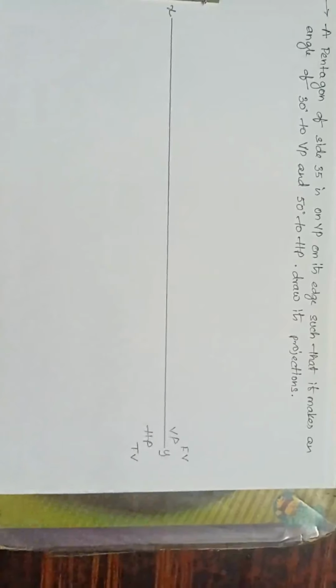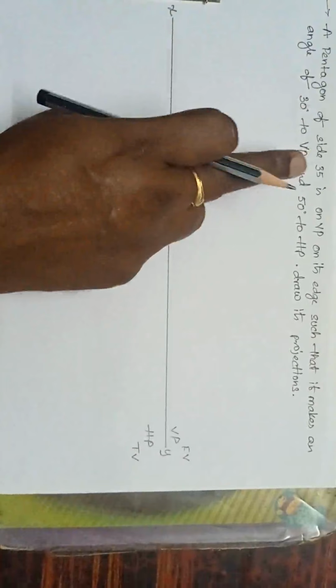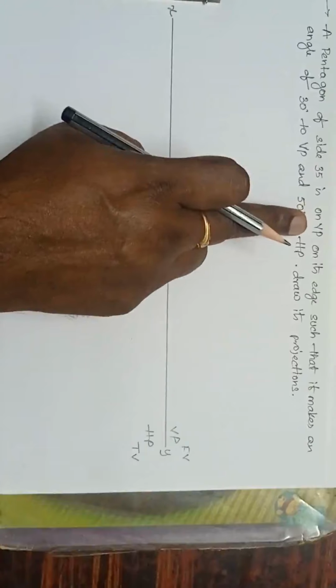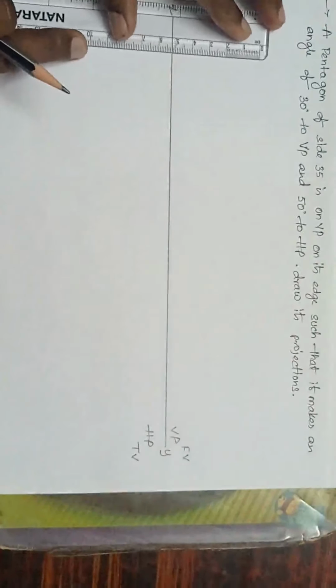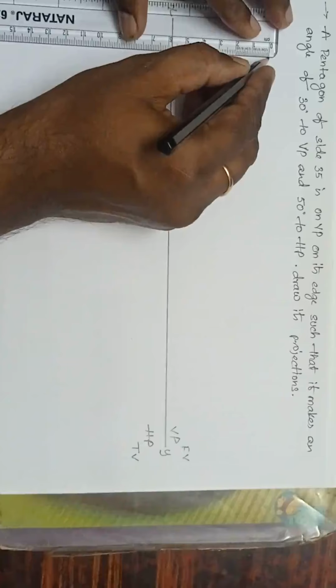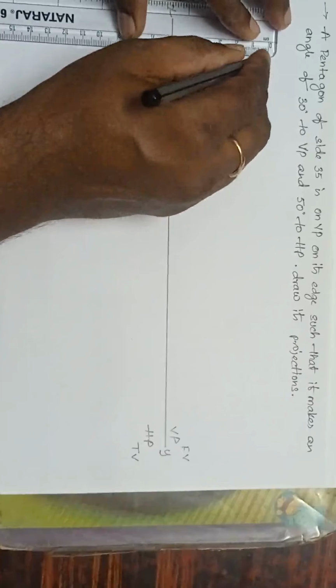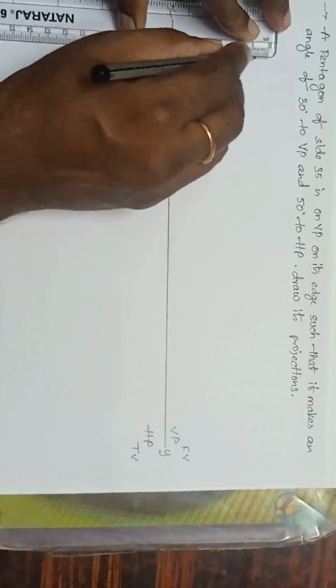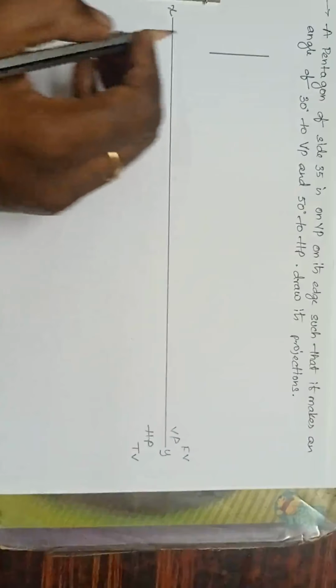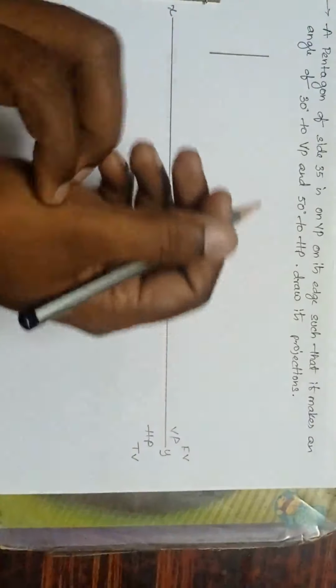Done. Fine. Next, I have to draw the pentagon first. Side how much? That is 35 on the VP. So first what I will do, I will take 35 mm, which is on the edge. I have to draw on the VP, which is 35. Draw a 35 line perpendicular to the XY at a certain gap. Okay, now what to do? He is asking for a pentagon. So angle how much?